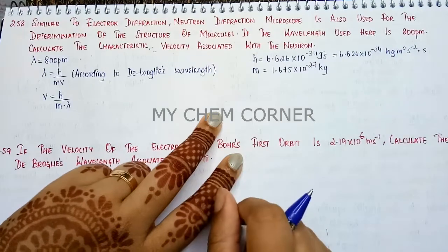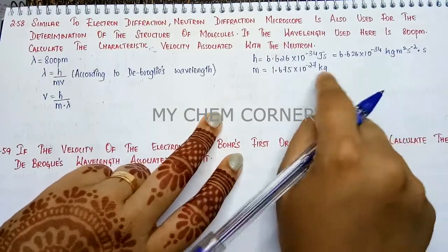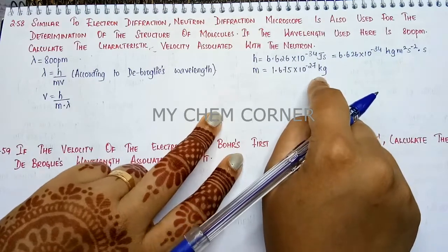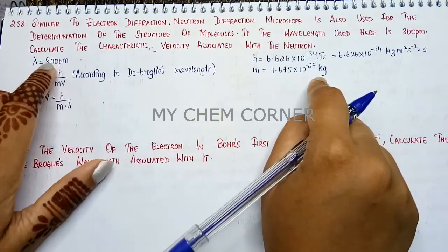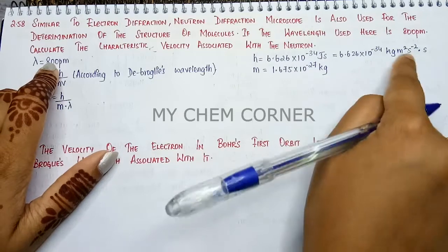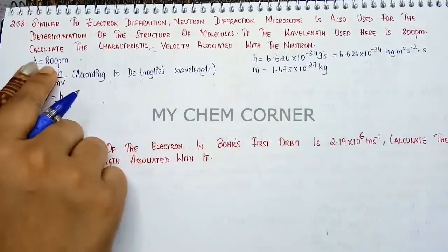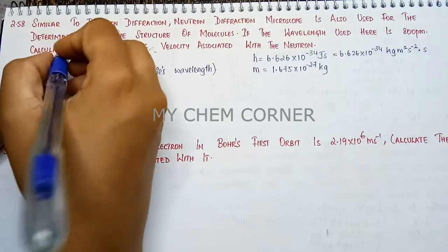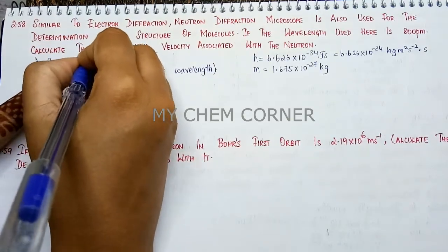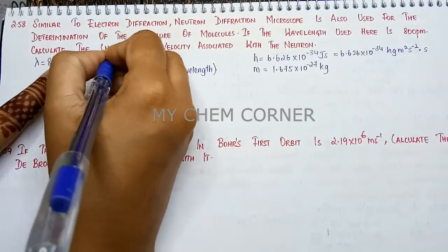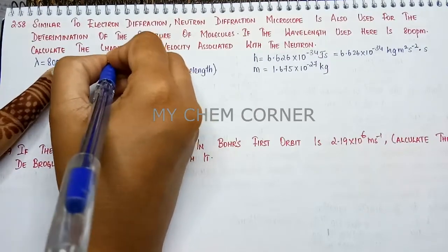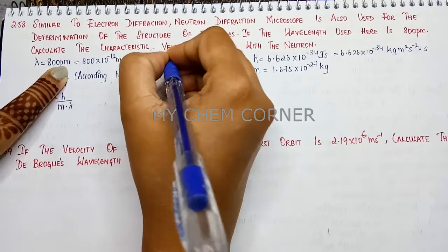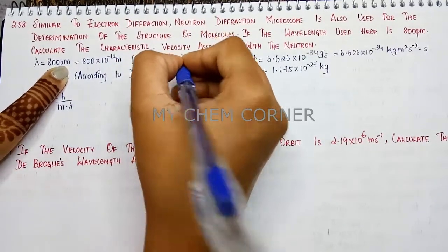So that I have done. Because I have converted and made these two parameters same as kg and kg, I can't leave wavelength in picometer. Picometer should also be converted to meters. So here 800 picometer, when I write it as meters, will be equal to 800 into 10 to the power minus 12 meter. So we can write that 1 picometer equals 10 to the power minus 12 meters.